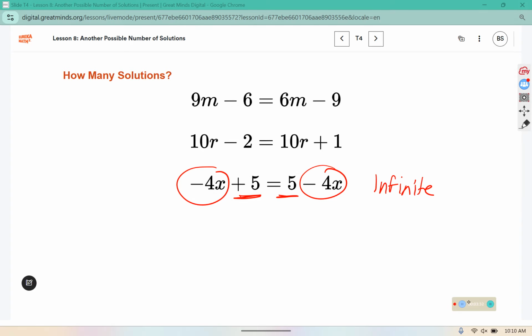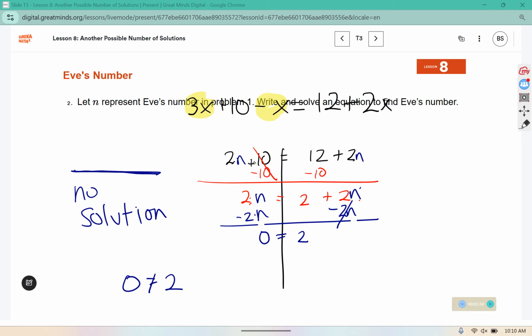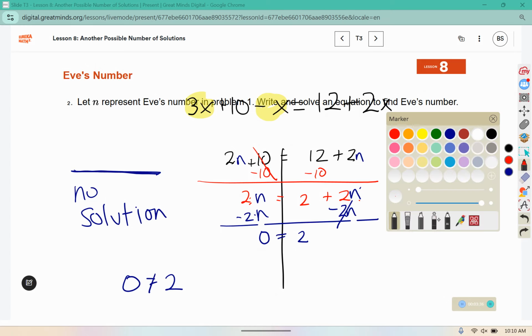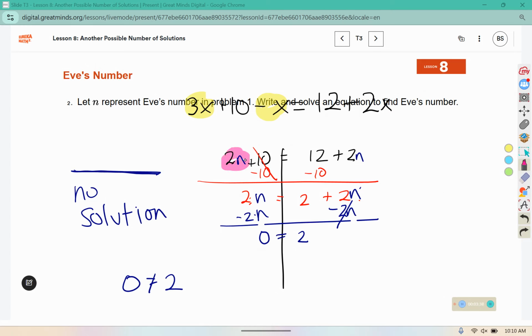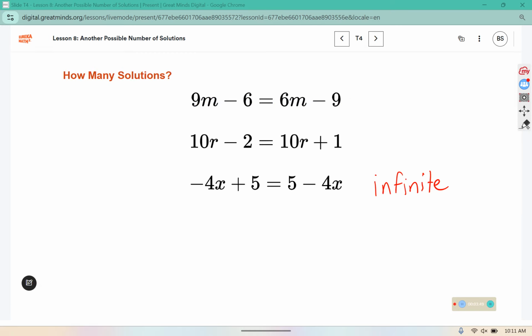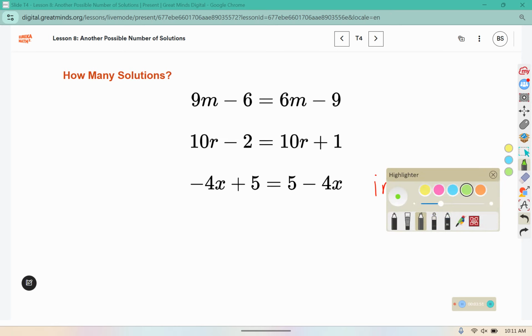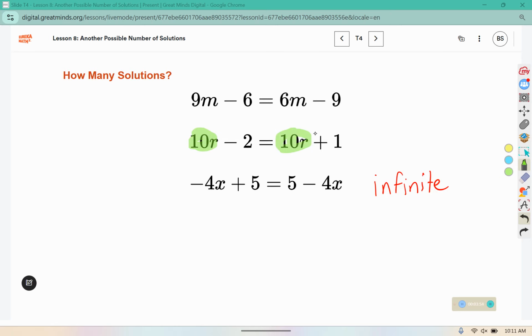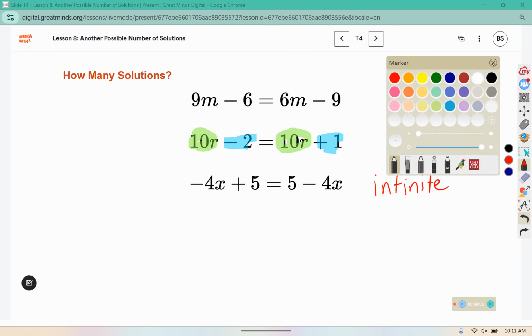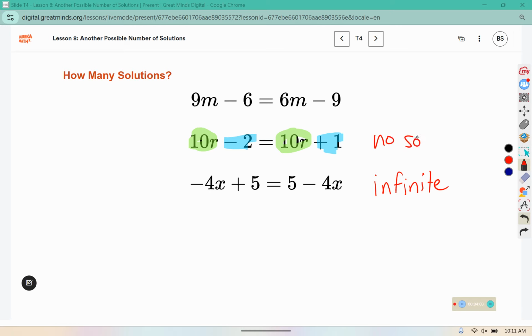In the previous section, when we had 2n and 2n, but then the numbers didn't match, that had no solution. So in this one, the r pieces match, but the number pieces do not. So this would be no solution.